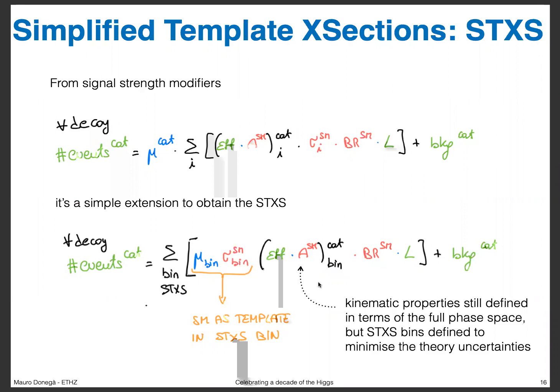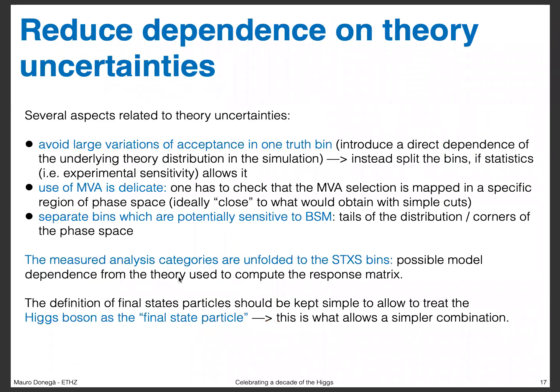The kinematic properties still are defined in terms of the full phase space. So this is the acceptance here, but the STXS bins are defined in order to minimize the theory uncertainties in each of them. So let's see a bit more what it means, how to reduce the dependence on theory uncertainties. So there are several aspects related to this. One is we want to avoid large variation of acceptance in one truth bin.